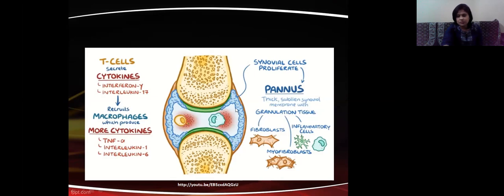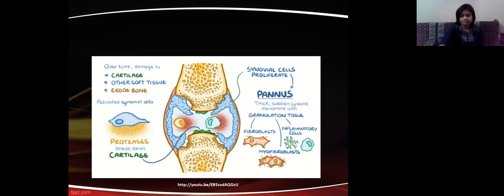And this granulation scar tissue is made up of fibroblasts, myofibroblasts and inflammatory cells. So, over time, this damages cartilage and other soft tissue and erodes bone.